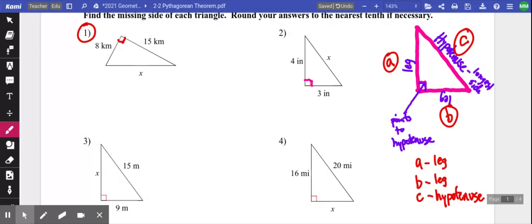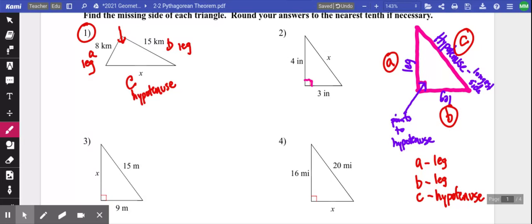I make it like an arrow, and wherever that 90-degree angle is pointing to, that's going to be my hypotenuse, my C. Then the other two sides, I can label A and B, and those are my legs.